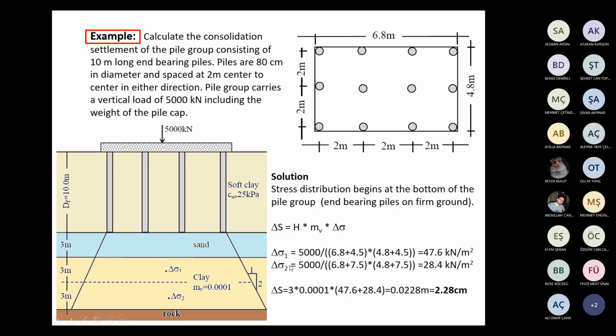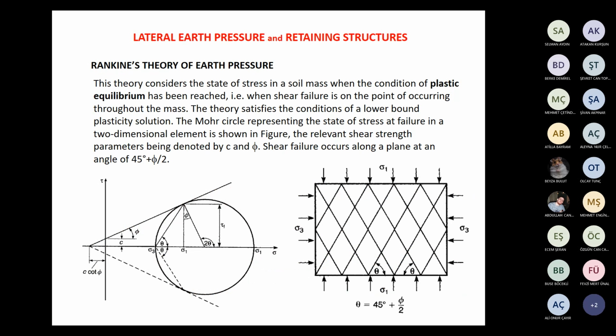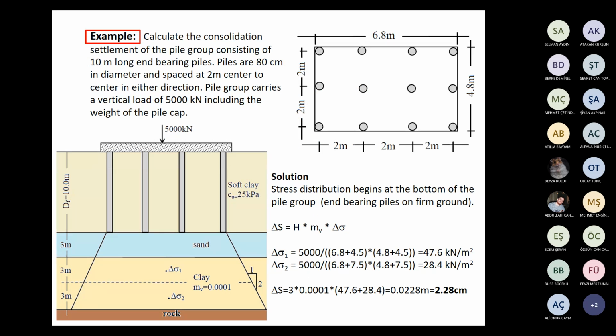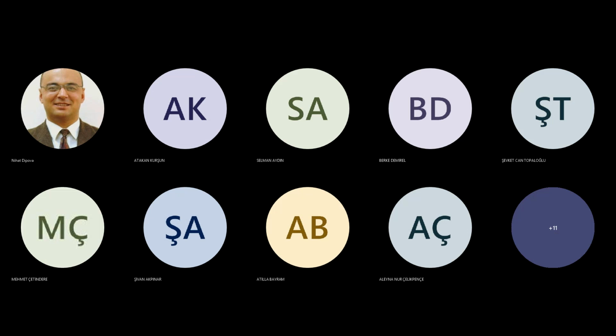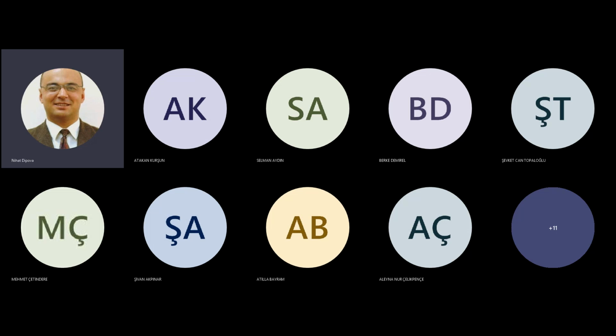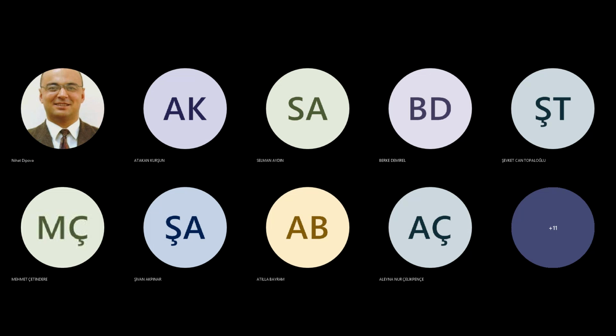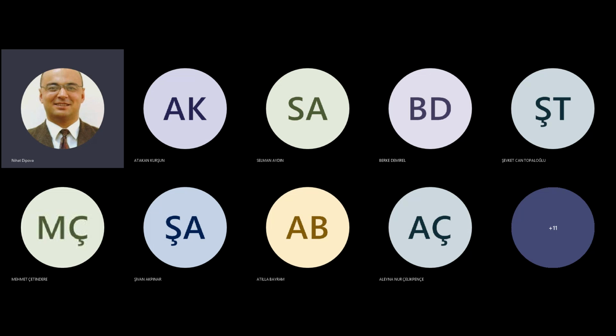Taking delta sigma in parentheses, delta S is equal to 2.28 centimeters. Any question up to now? Is there any question? No? Okay.